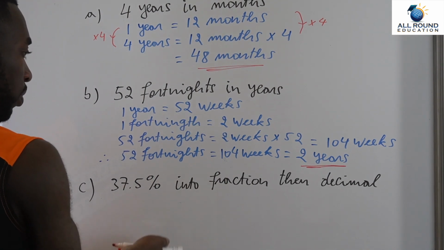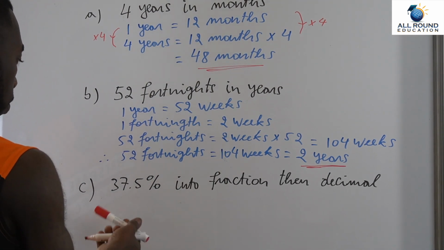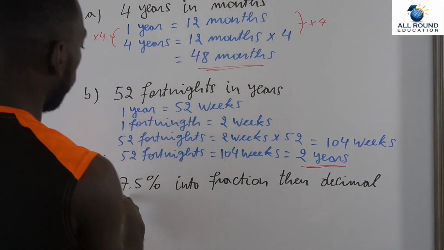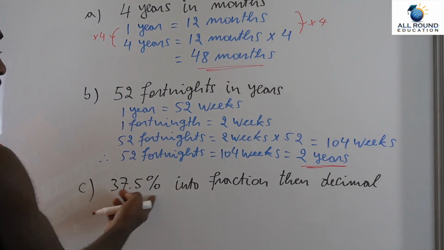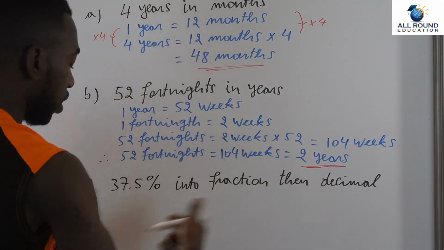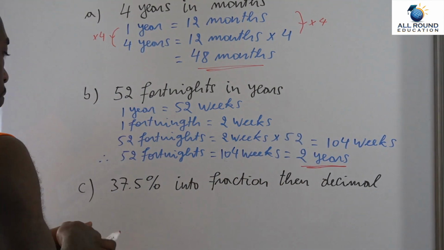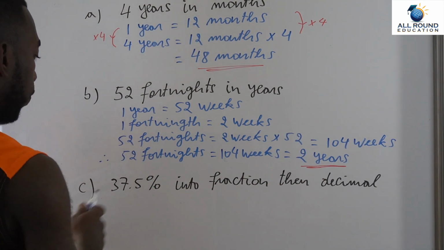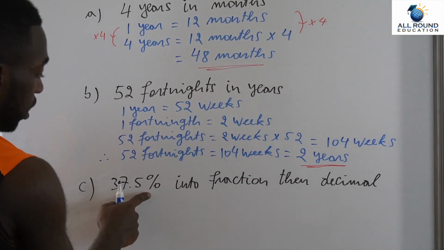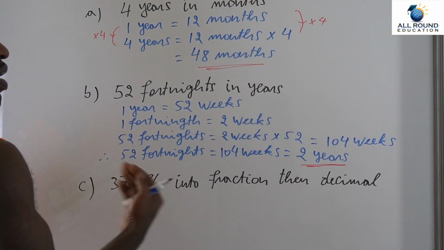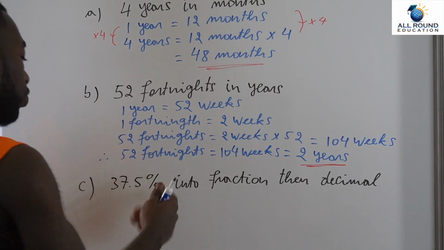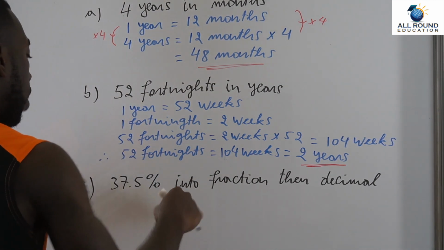Now the last bit, or the third question, is basically converting this percentage into a fraction, then a decimal number, right? So what we do here is, into a fraction, we read percentage as per cent, which means per 100, right? Cent is usually over 100.